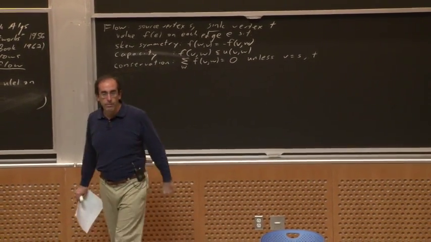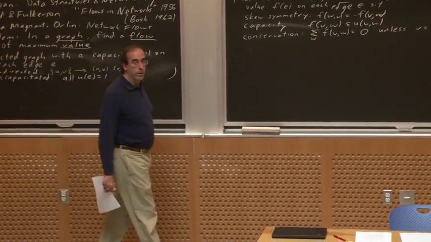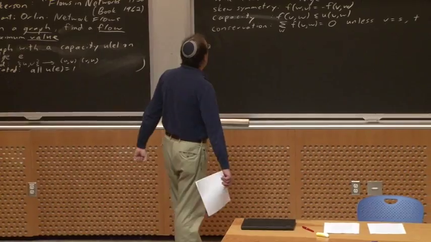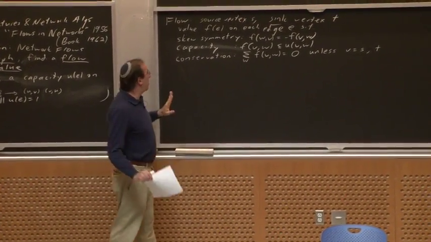Okay? Yes? What if there's only an edge from V to W, but not an edge from W to V? So what do you do with the skew symmetry? Well, there are actually two ways to define flows. They both have their pros and cons.